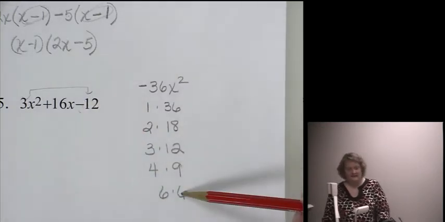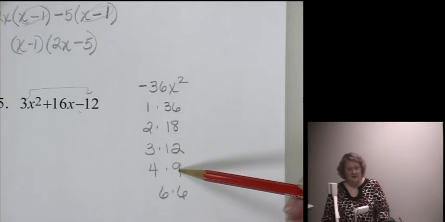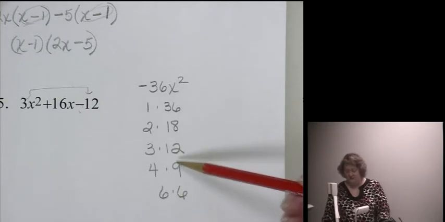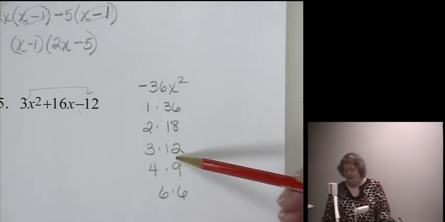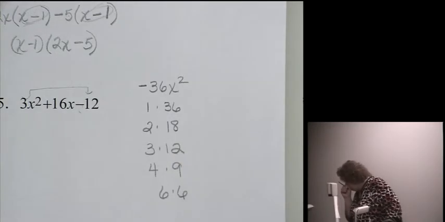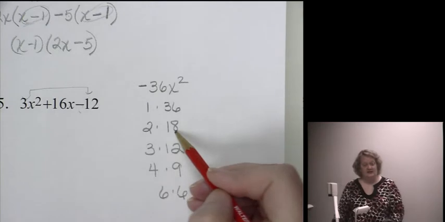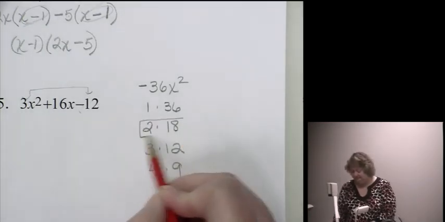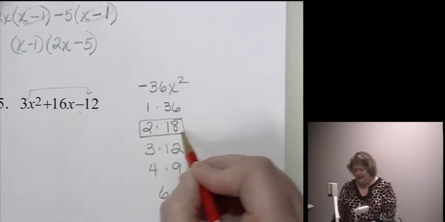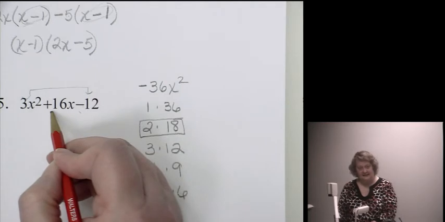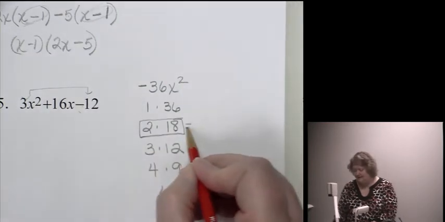Well, 6 minus 6 gives me 0. 9 minus 4 gives me 5. 12 minus 3 gives me, excuse me, 9. 18 minus 2 gives me 16. So I need a positive 16. Well, what does that mean?